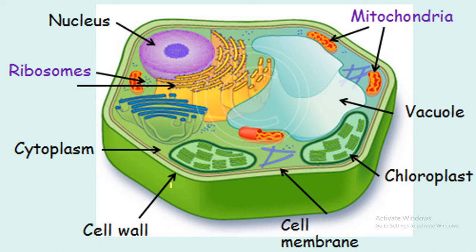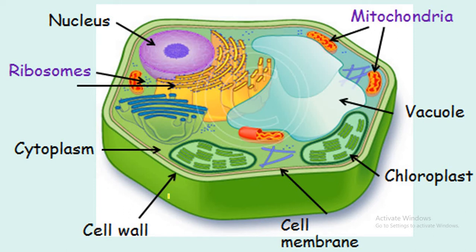It has a cell wall, a cell membrane, cytoplasm, a jelly-like fluid inside the cell, mitochondria, chloroplast, a large vacuole, nucleus, ribosomes, and Golgi apparatus.